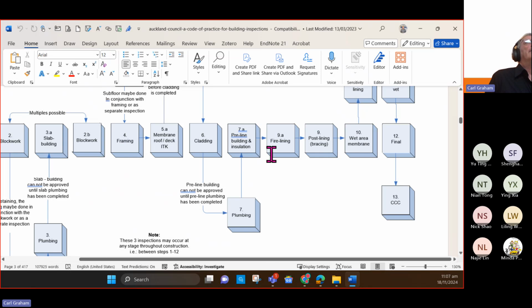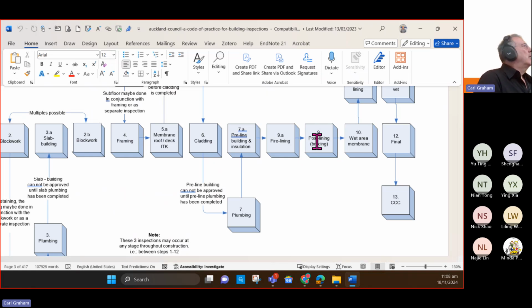Anyway, fire lining, that's the fire board. Post lining, so it's plasterboard. When we're checking plasterboard, we're checking the bracing only. If you look at that house I've got over there, on that consented set of plans, there's a bracing set of plans, and when I go to a building site, I'm checking the bracing only.